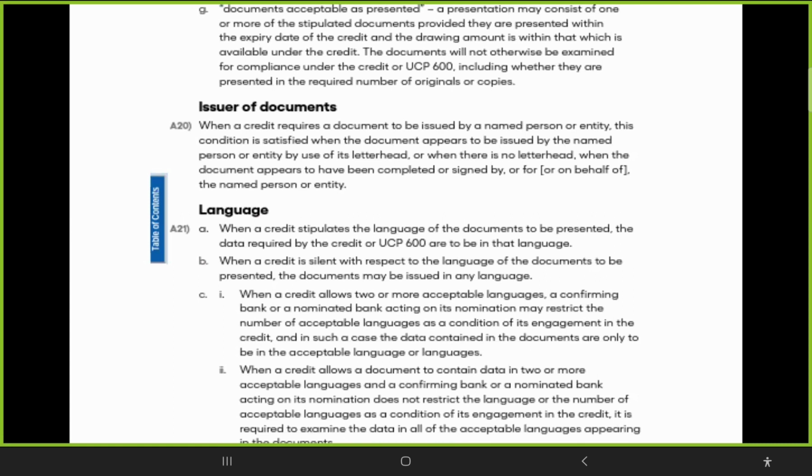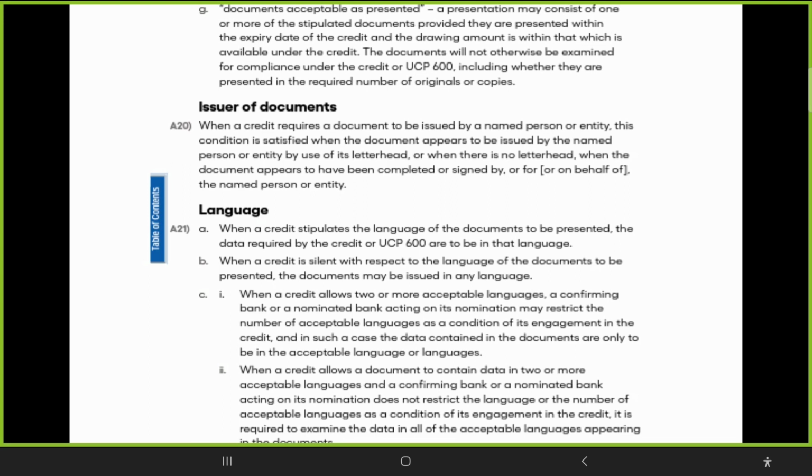Issuer of documents. When a credit requires a document to be issued by a named person or entity, this condition is satisfied when the document appears to be issued by the named person or entity by use of its letterhead, or, when there is no letterhead, when the document appears to have been completed or signed by or on behalf of the named person or entity. So if the documentary credit is asking Abhilash to issue a document, how can Abhilash prove that he is the one who has issued it?